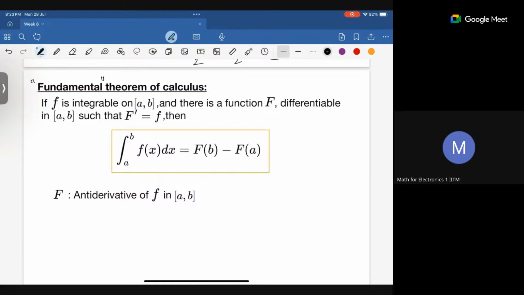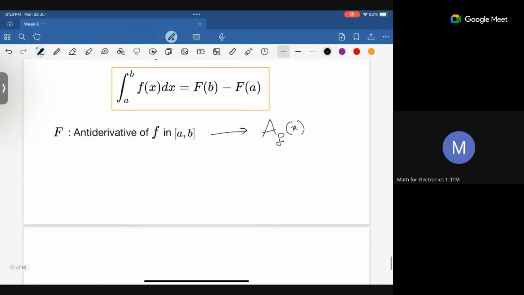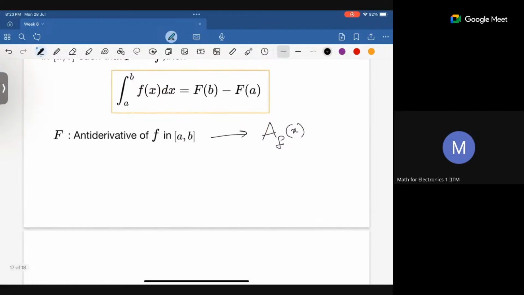So if I do the anti-derivative, I will get capital F. That is called the antiderivative, and it is denoted as the integral of f(x), which is the antiderivative of the function f(x). Okay, I know this is very easy, but let us all go through it to bring everybody onto the same page.